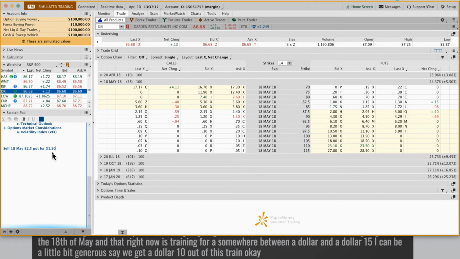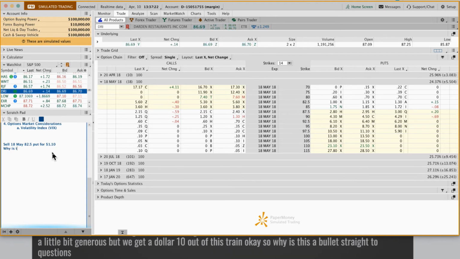Okay. So why is this a bullish trade? Two questions. Why is this bullish in keeping with our stock market expectation?